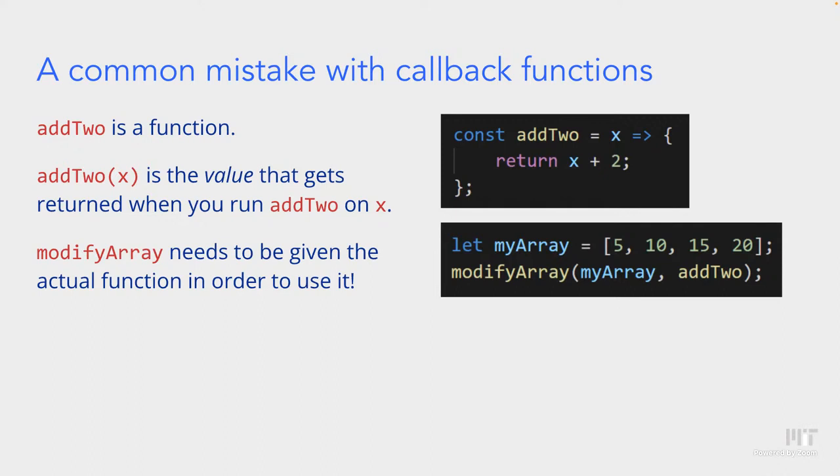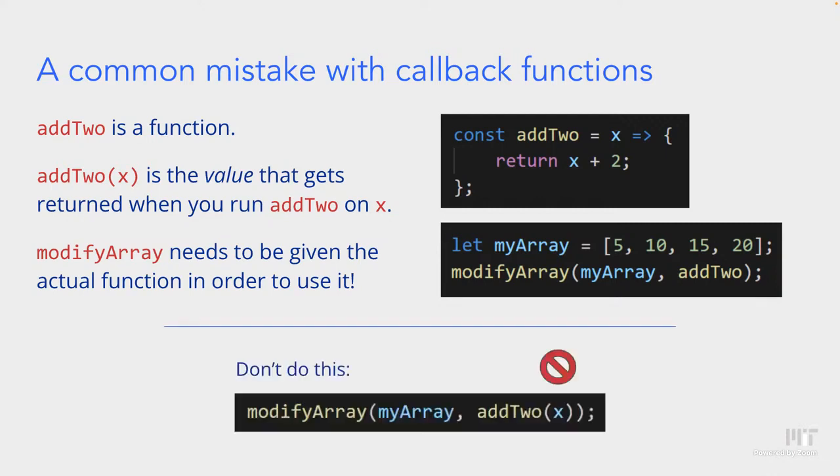And then modify array needs to have a function given to it, otherwise it won't run properly. That's because you define the function to accept two values, one being the array and one being the actual callback function. So it has to have a callback function. And doing the one below, does anyone know why that is wrong?